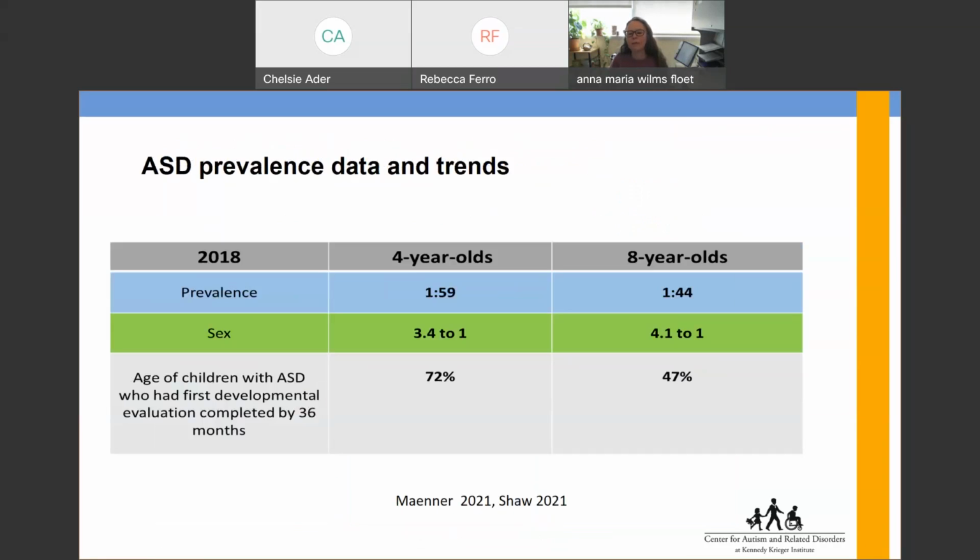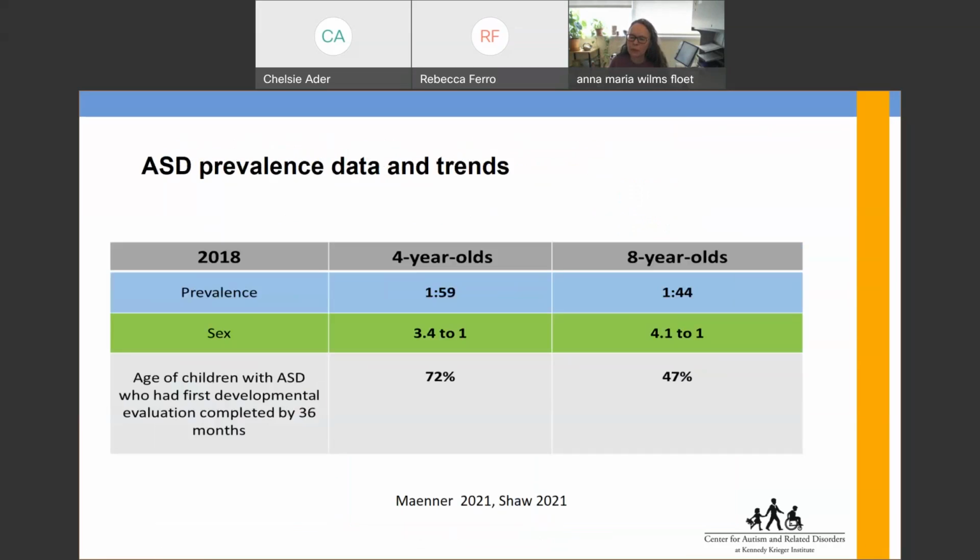A few slides, you may have heard, or periodically there are publications from the CDC on prevalence. So in December of 2021, new data came out on prevalence of autism, and we now have opportunity to look at prevalence data at ages 4 and 8.